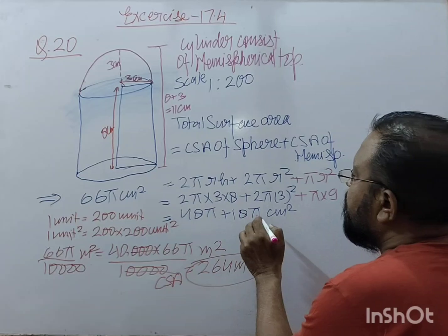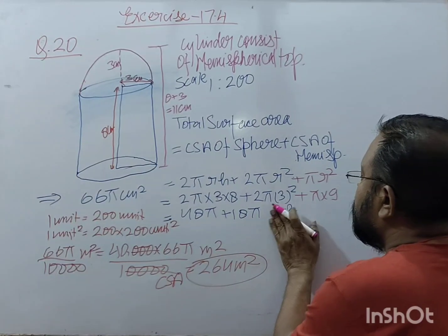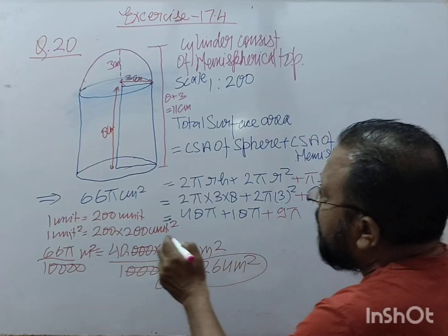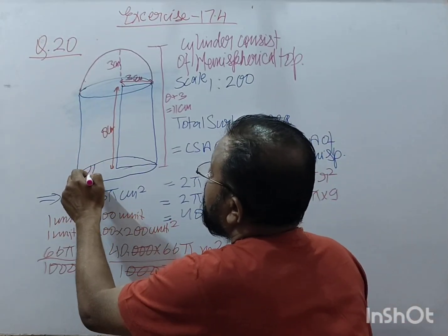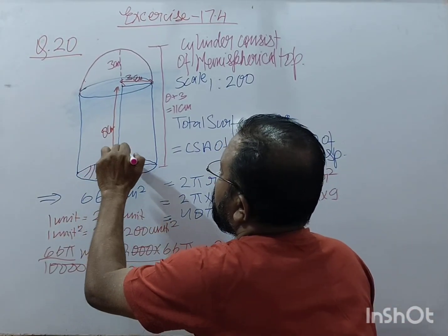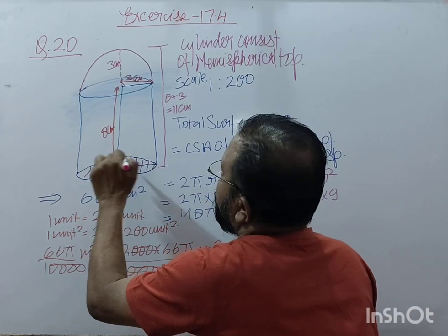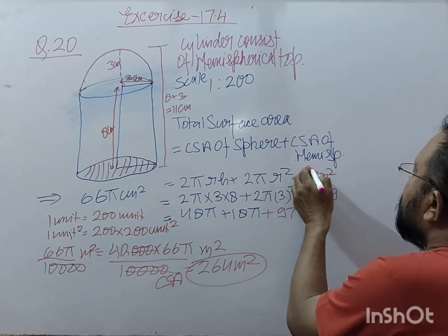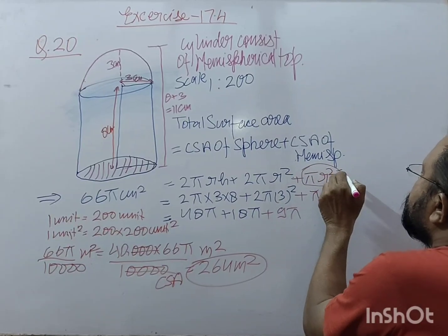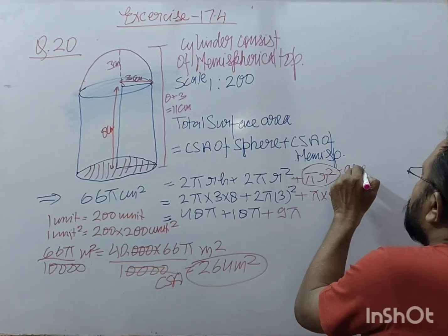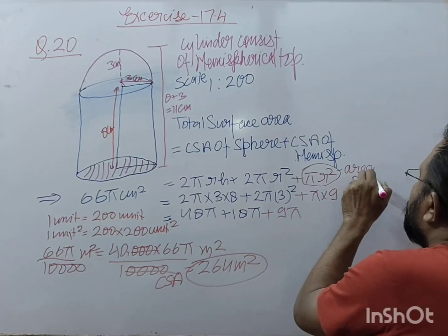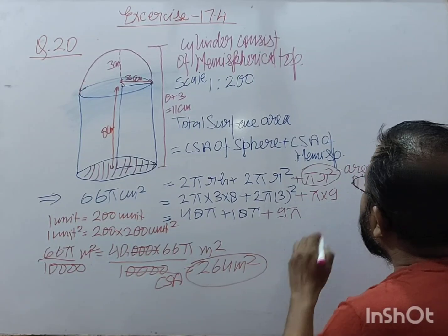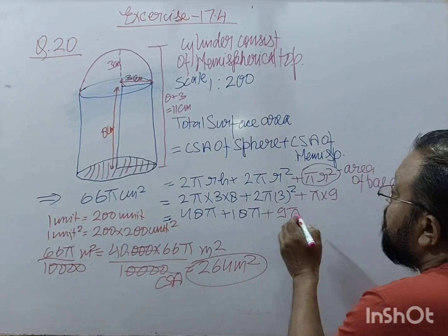So there is 9 pi also added, as we have not taken this base initially. The base will also be included. This is the area of the base, pi r square, 9 pi.